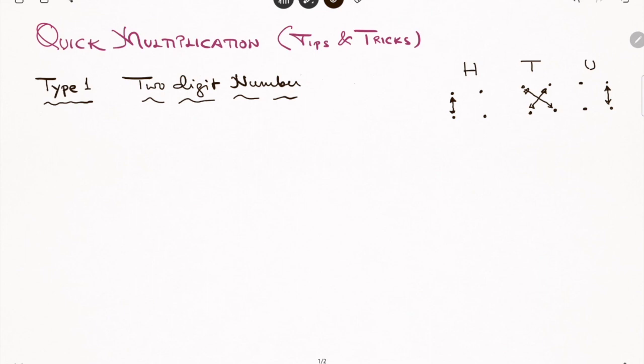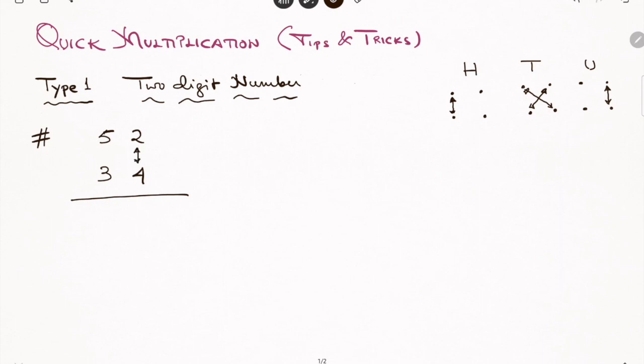Let us consider one example. If we are asked to multiply 52 by 34, what are we supposed to do? First, I told you we will do vertical multiplication.